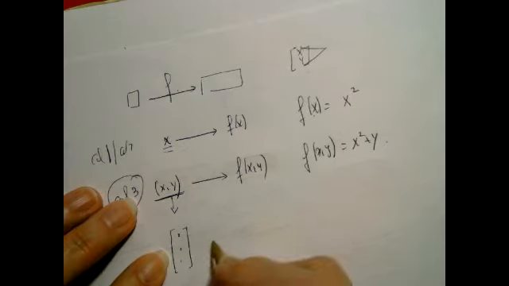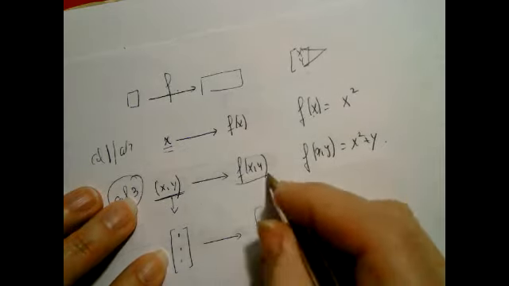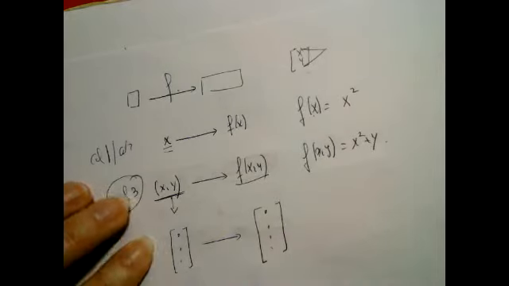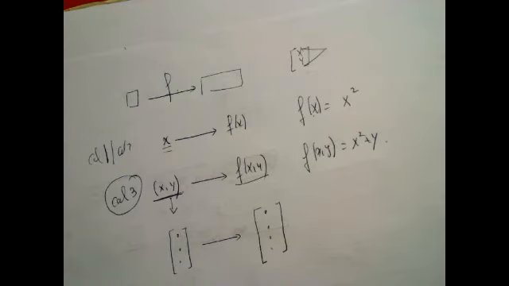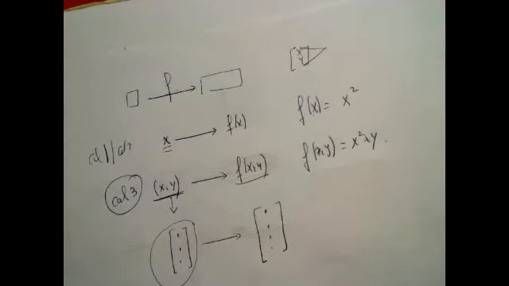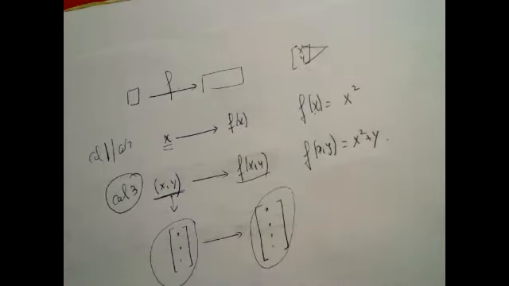And the output itself is not only a real number anymore, the output is also a vector. So the transformation is going to be like a function, it's a rule, where the input is a vector in R2, R3, R4, and the output is also a vector, okay?